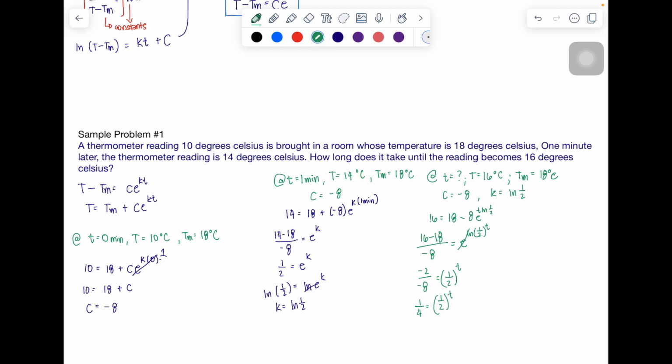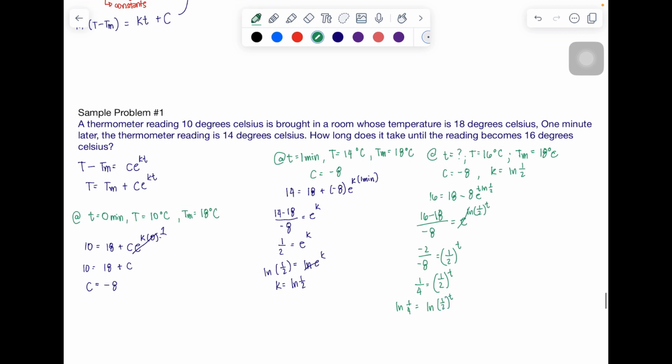And so we do ln on both sides. So what happens is that we have ln 1/4 is equal to t ln 1/2.